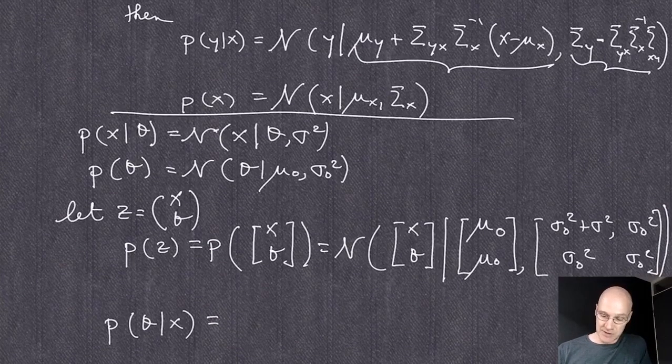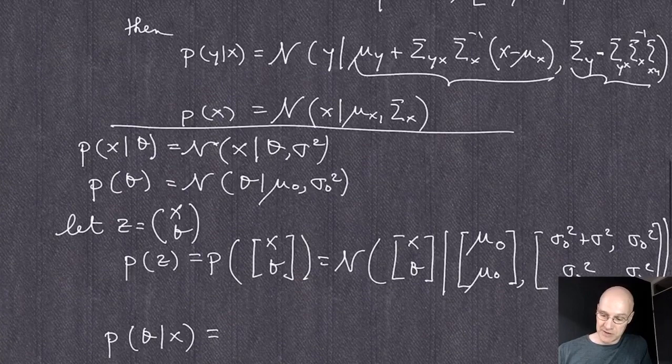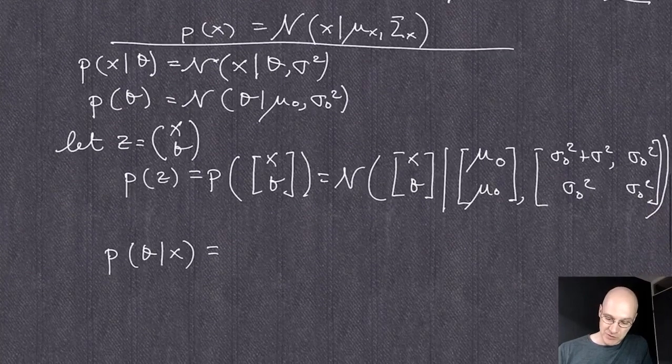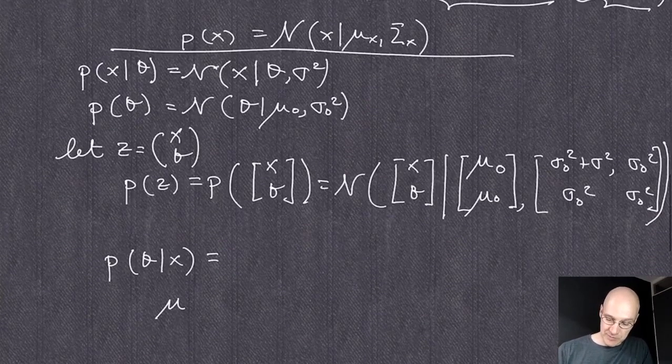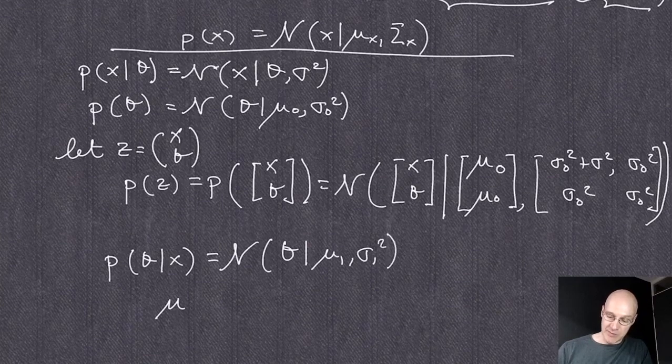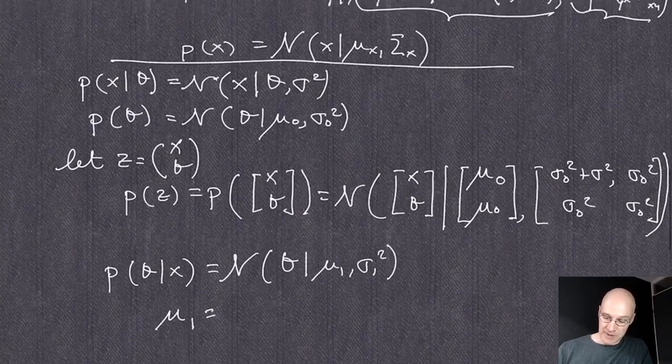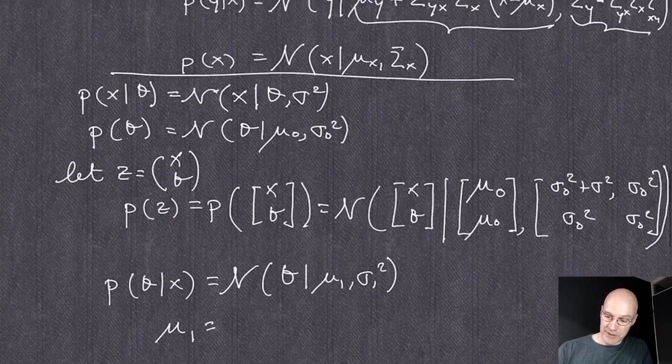Let's first take the mean. The posterior is a Gaussian over theta with mean mu 1 and variance sigma 1 squared.